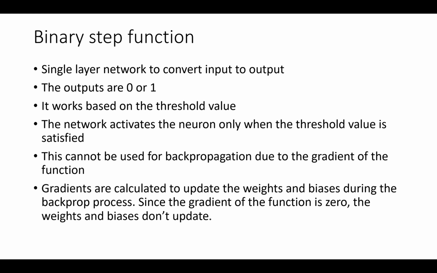They calculate the errors in them and what are the biases in them and try to bring back into the system in a back propagation system and try to correct the elements so that you get a better output. As I mentioned here, the gradient function is nearing to 0 or becomes 0, so this back propagation function cannot be used here. Hence, if anyone wants to use a backpropagation function using binary step, it is not advisable.